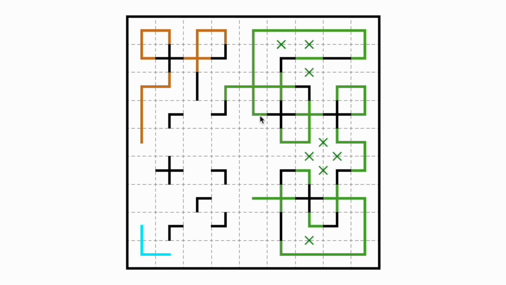We should extend from this plus. We can't go any further this way, so therefore we can't this way. Same deal here. So this is all as loopy as it gets. We've got some other corners now that we can start.